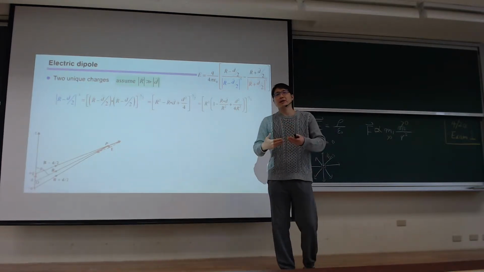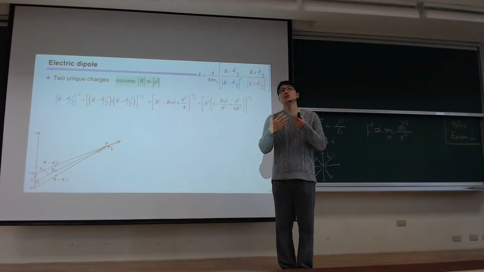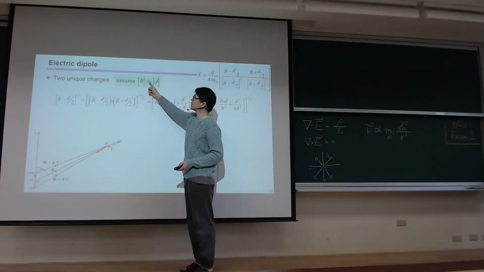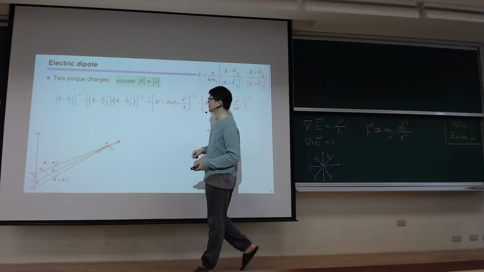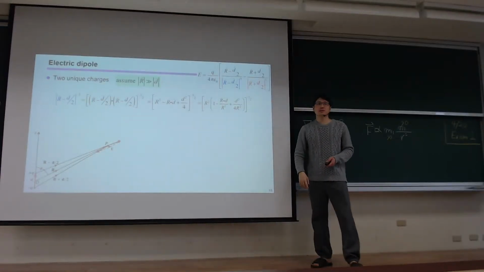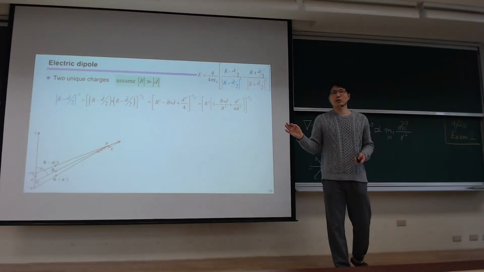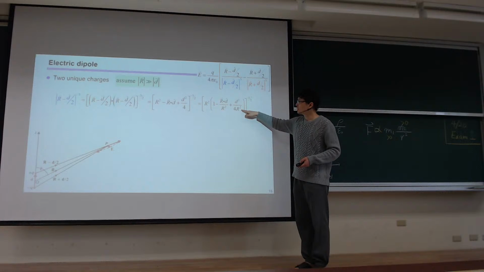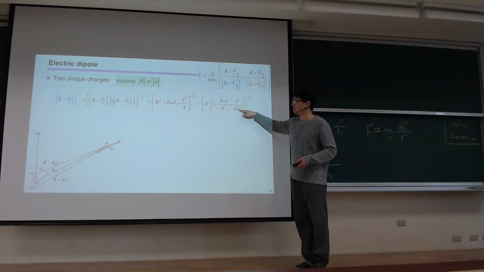Now we want to make approximations, and usually by knowing that we are very far away from the dipole, the r magnitude is much, much larger than the d magnitude. So which one of the three terms can be ignored? The last term, right? r squared as compared to d squared is very big. So you have a very small value divided by a very large value. This one can be ignored.